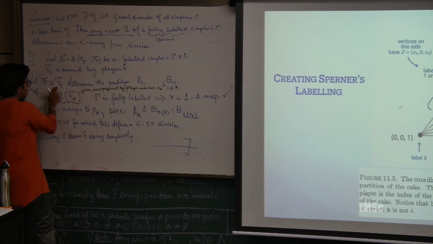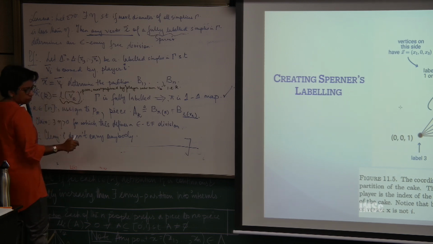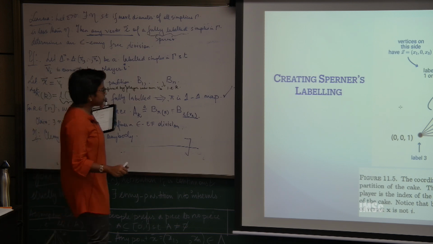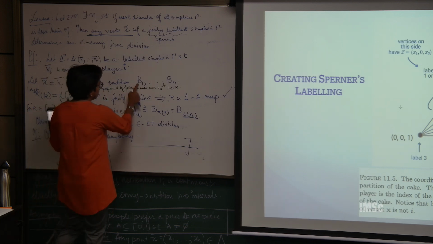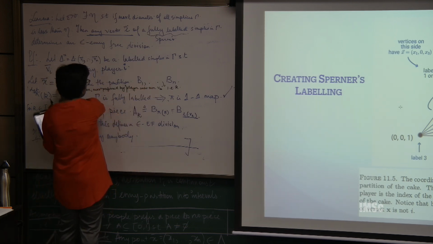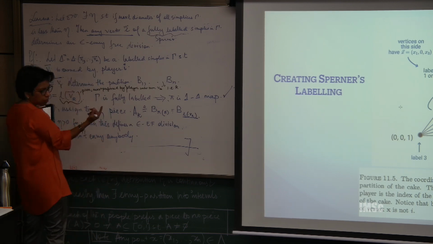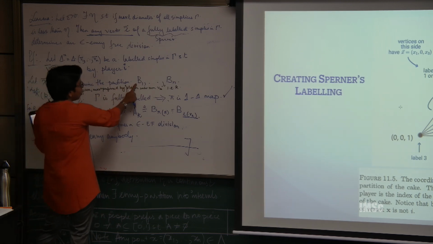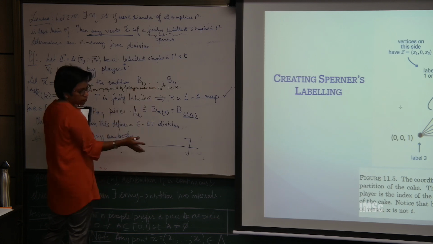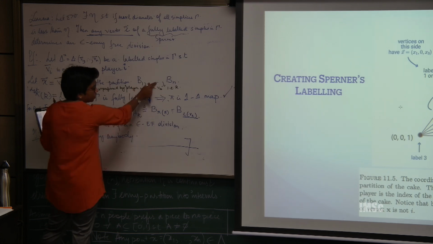So first I am doing this partition from the perspective of this one, vertex V1 determines the partition. So when I feed these pieces to the player that owns this color, which is color 1, player 1, he points based on this to his favorite piece, his favorite chunk.